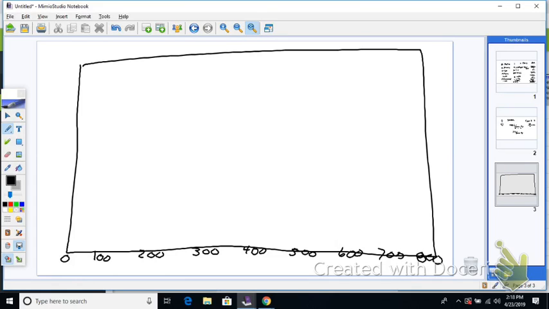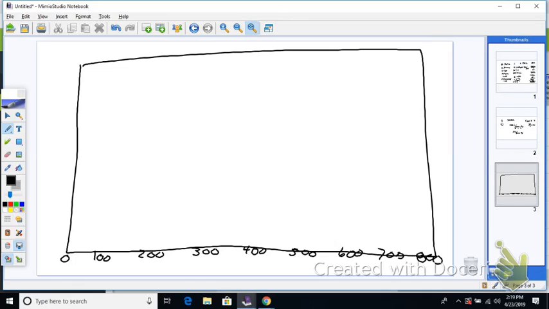Did anybody have usage over 800 liters per person per day? Yeah, that's insane. Okay, raise of hands. Has everybody done number 2? I'll wait a second.